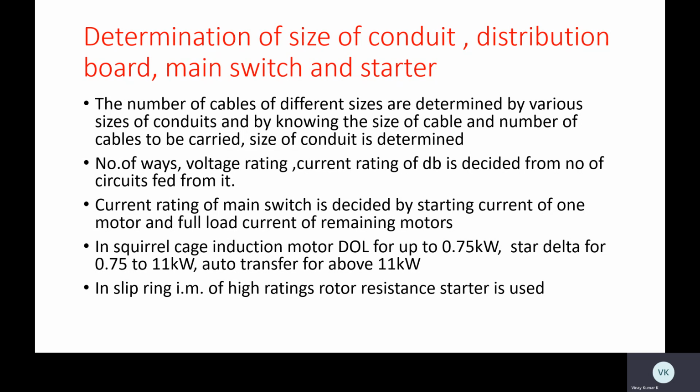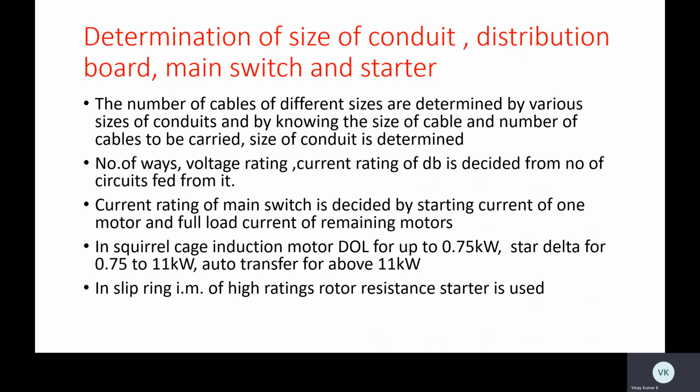The size of the conduit is based upon the cable size and the number of cables. Based upon the number of cables and the size of the cable, we are just calculating the size of the conduit.